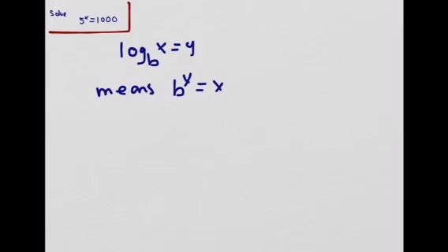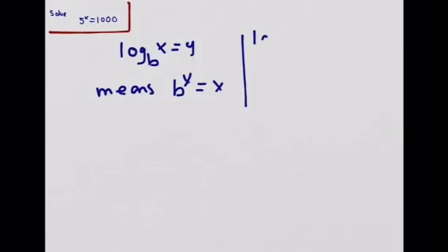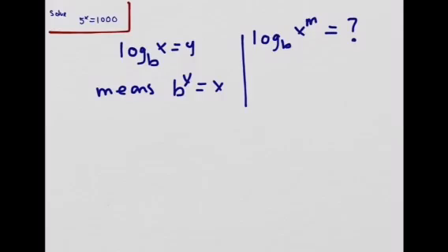Okay, so now let's remember what we know so far. The thing about logs is that log base b of x equals y really means that b to the power of y equals x, correct? So let's think a minute, how would I know what the log base b of x to the m is?